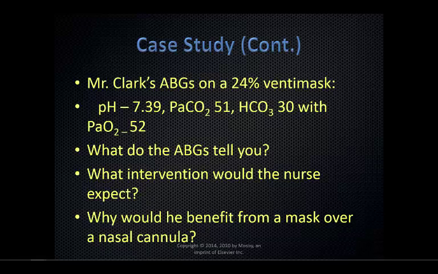So that's a common combination of drugs that's used for patients who have COPD or asthma, a Duoneb, which is a combination of Atrovent and albuterol.